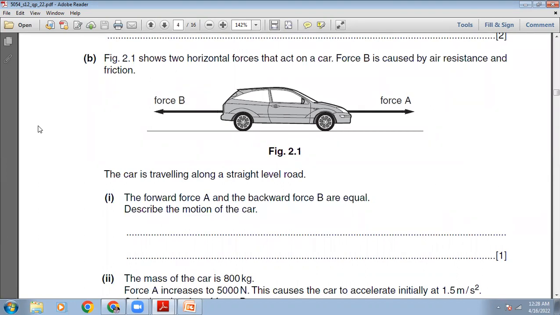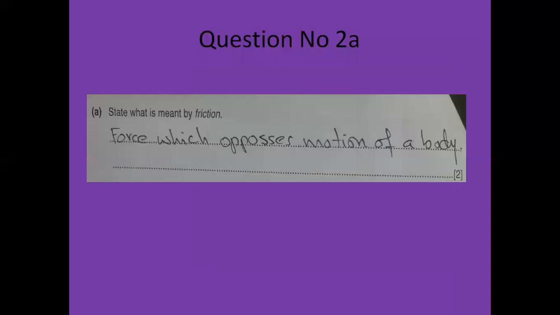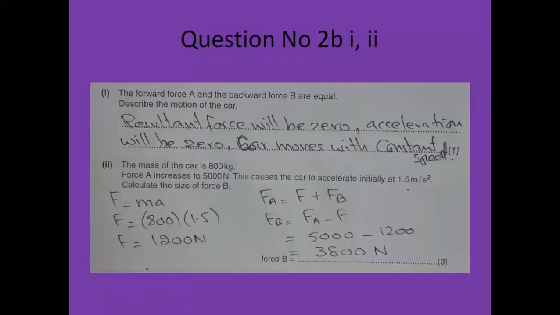When the forward and the backward force are equal to each other, the resultant force will be zero, and the acceleration will be zero, so the car will move with a constant speed. Resultant force will be zero, acceleration will be zero, car moves with constant speed.